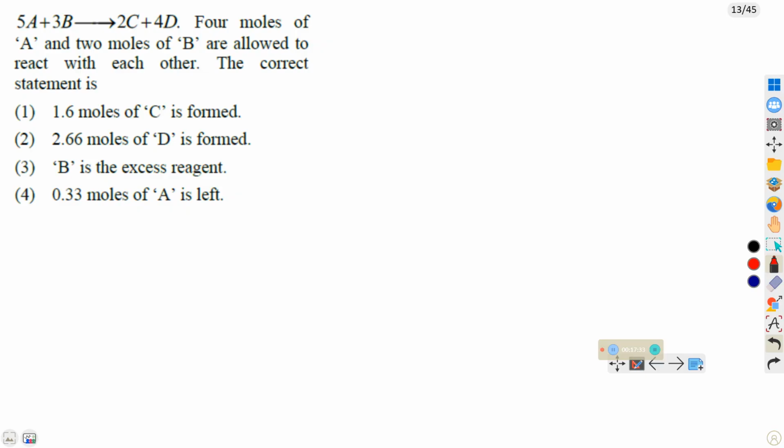5A plus 3B gives 2C plus 4D. 4 moles of A and 2 moles of B are allowed to react with each other. The correct statement is: first, when more than one reactant is present, then formation of product depends upon the limiting reagent. First, identify the limiting reagent.